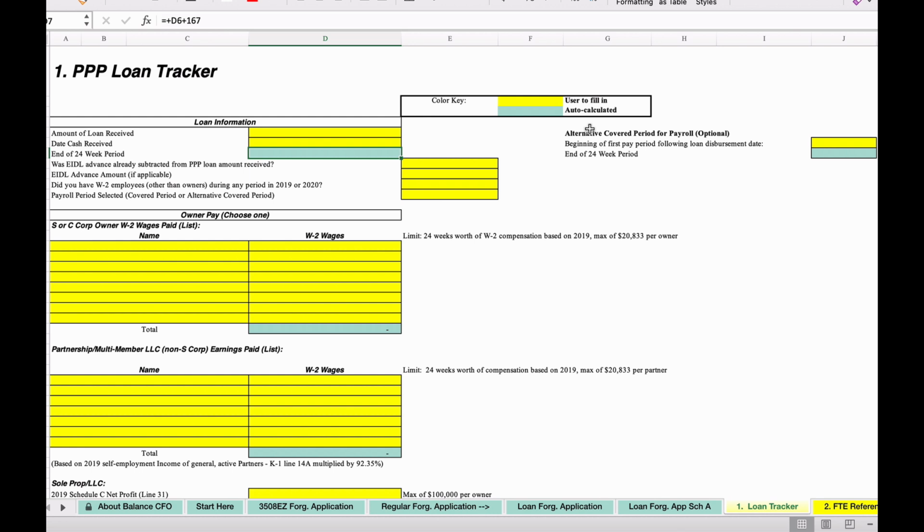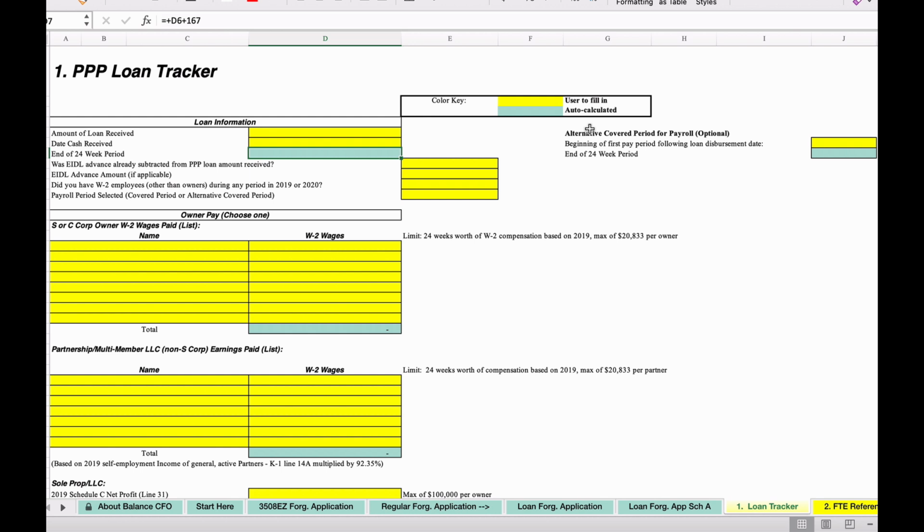Let's say in this instance, you decide to use the alternative covered period, you start the clock on 6/1, and then on 6/2, your payroll period from May 16th through the end of May is paid out, right? Because a lot of times it's paid out in arrears. That will count. Even though it was for a prior period that doesn't fall within that 8 or 24 weeks, it will still count because it was paid during that 8 or 24 weeks. That's important. It allows you to get another payroll period in.